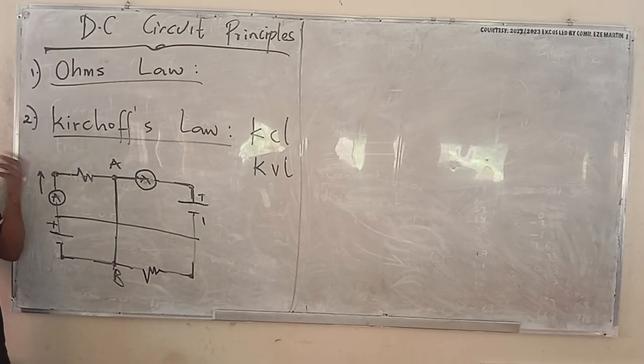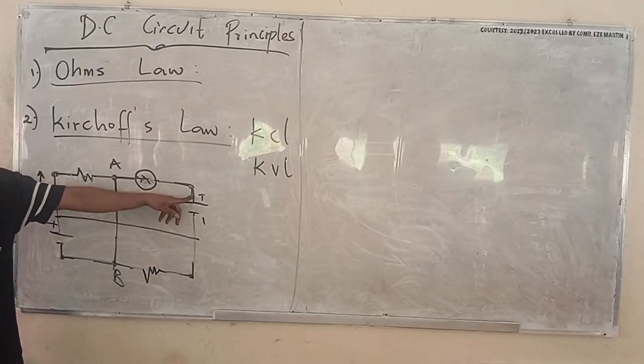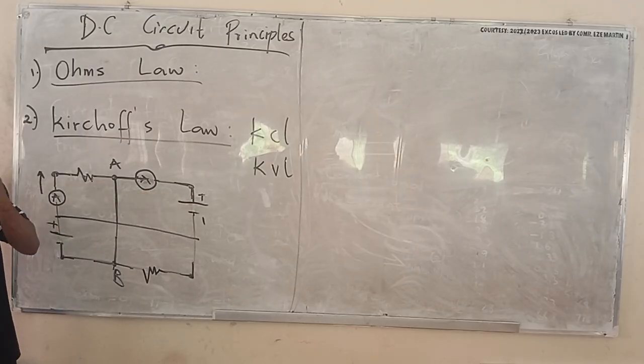So we can simply say that a node is best put this way. When you have just 2 points, you call it node. But when you have 3 points, you call it junction. Can you hear me? Which means that every junction is a node, but not every node is a junction. So in your textbook, they just wrote node there.